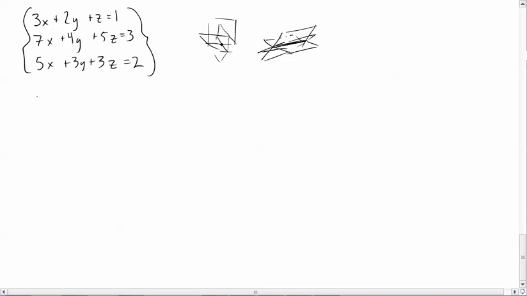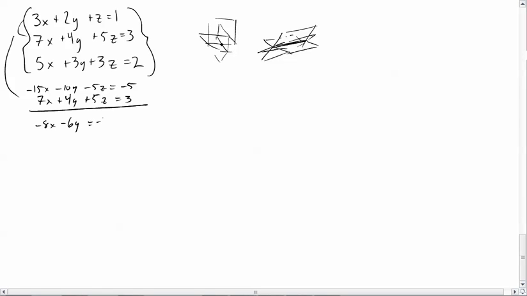So I'm going to take 7x plus 4y plus 5z, and the top equation I'm going to multiply by -5, so it'll be -15x minus 10y minus 5z equals -5, whereas this is equal to 3. If I put those first two equations together, I get -8x minus 6y equals -2.